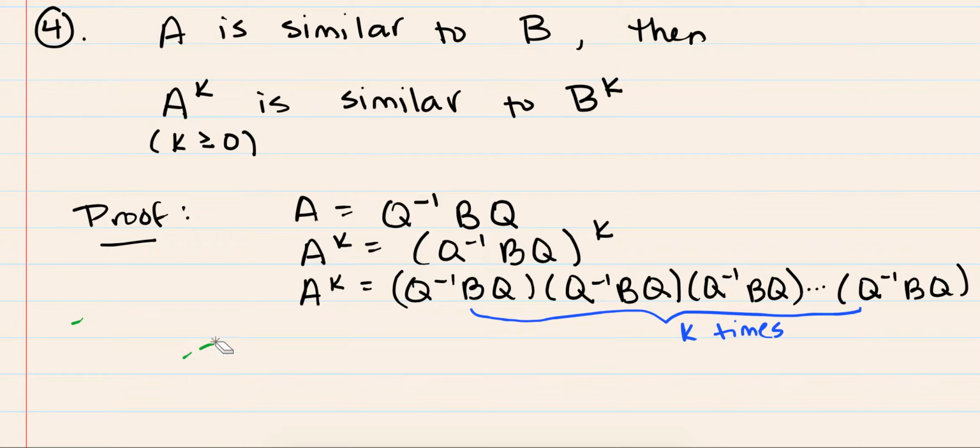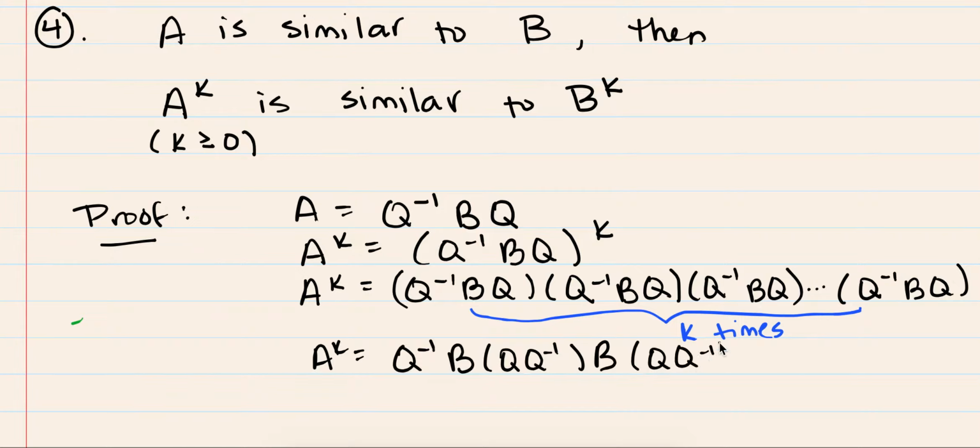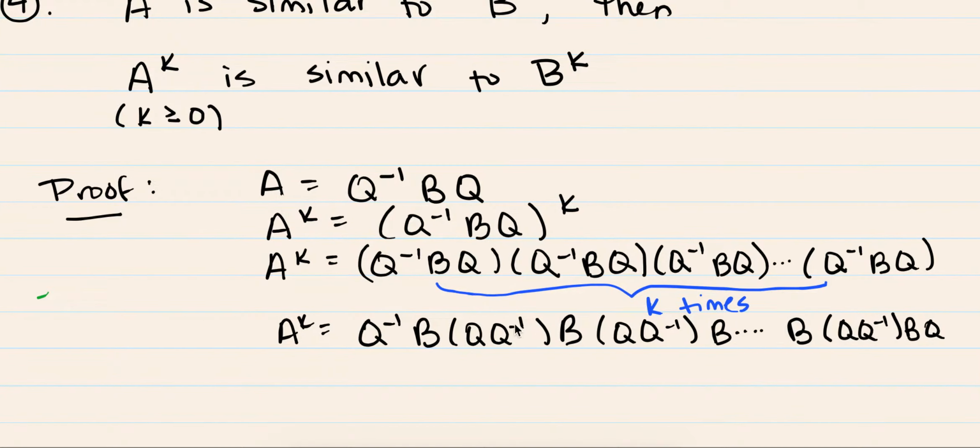The reason I bring that up is we can drop all of these parentheses and then place them around the Q and the Q inverse. Okay, so every time we have a Q times a Q inverse, that becomes the identity matrix.